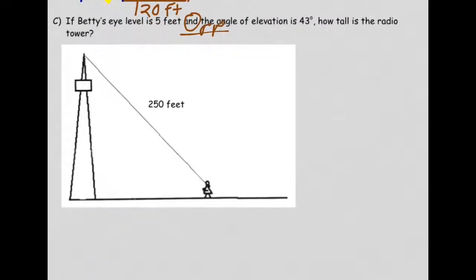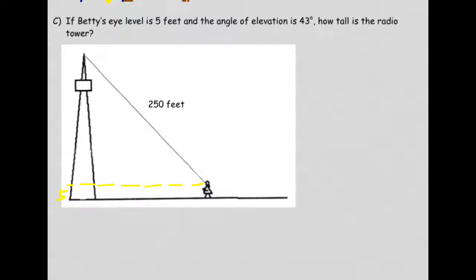Okay, let's look at this last one. I'm going to erase this stuff here. If Betty's eye level is 5 feet, so that means that her eye level right here is 5 feet off the ground, and we'll just mark that as 5 feet.